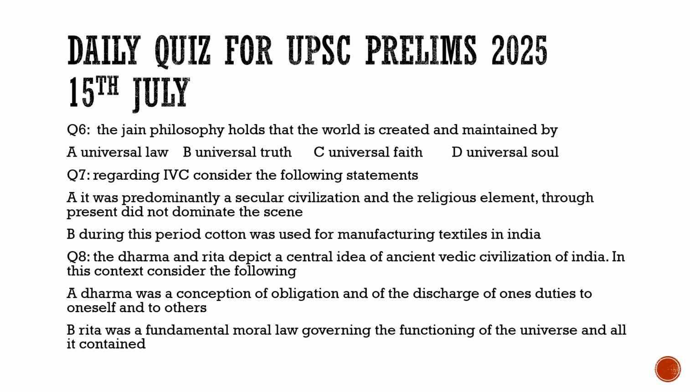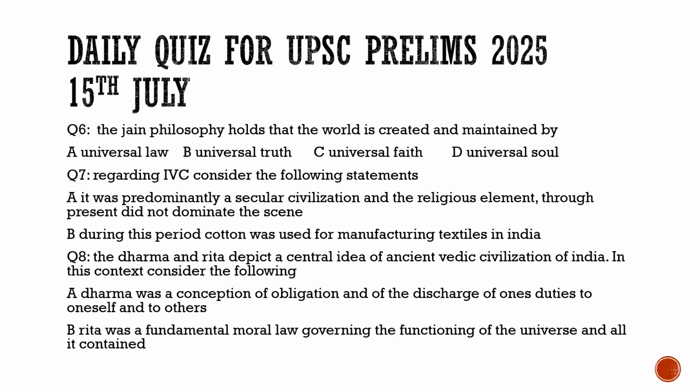Now coming to question number 7, it says regarding the IVC, consider the following statements. There are a few statements regarding the Indus Valley Civilization, and we have to see whether they are correct or not. Statement 1 says it was a predominantly secular civilization and the religious element, though present, did not dominate the scene. 100% true, it was a secular civilization.